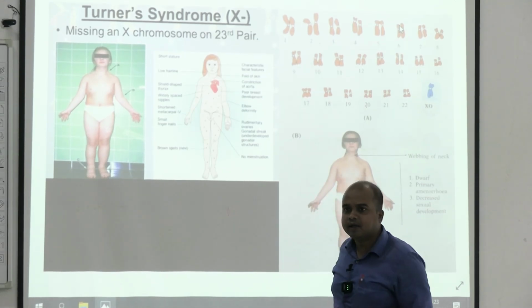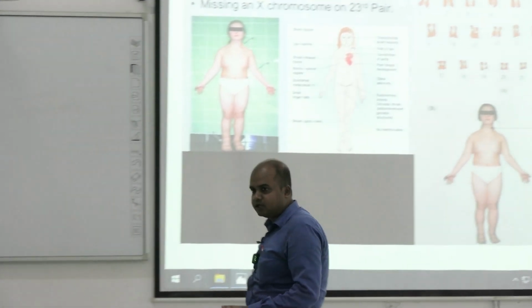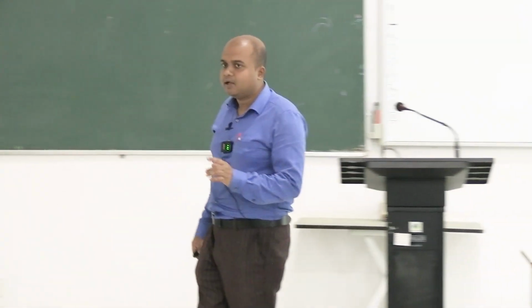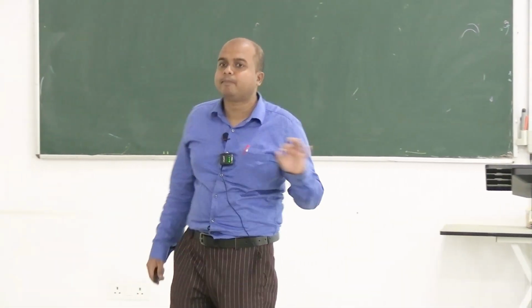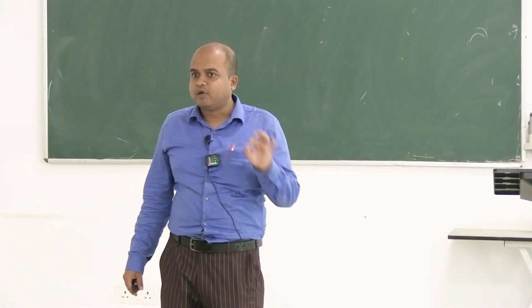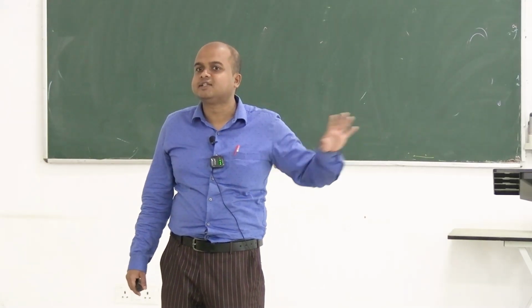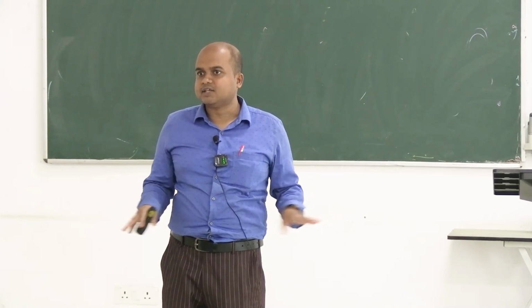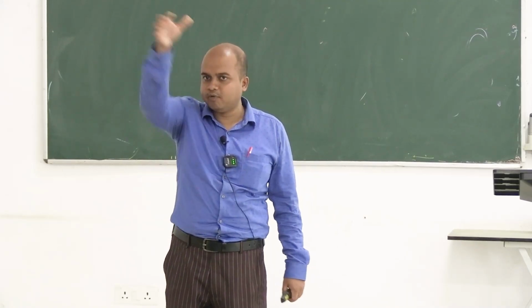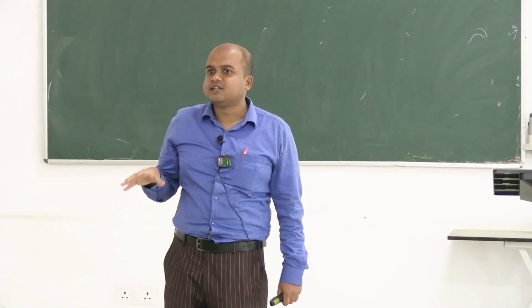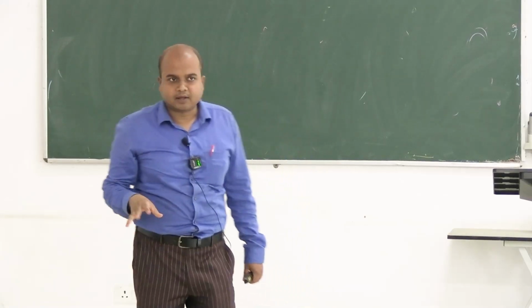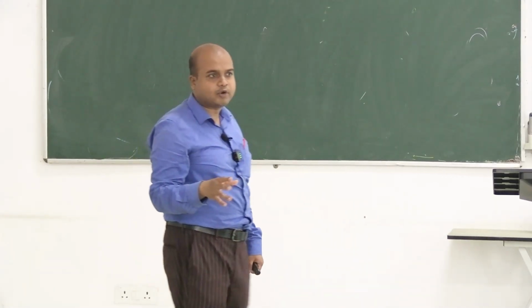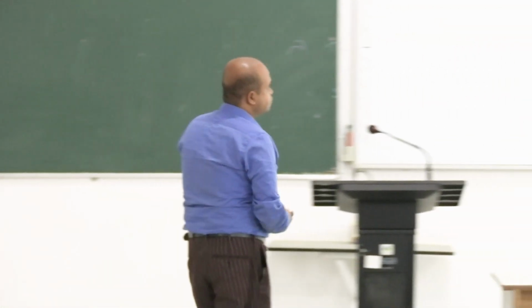Some features you have to memorize, some features you can explain. Even if you forget the memorizing part, the features which can be explained from the hormonal development, from the slide on differentiation of gonads, you should write from that, and you should write the karyotype 44XO or 46XO.